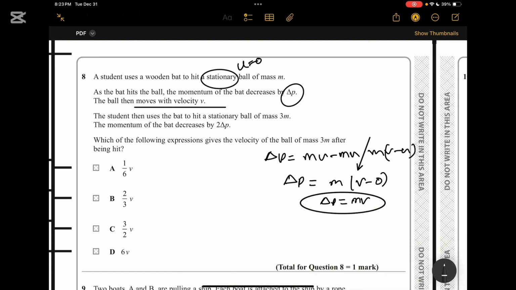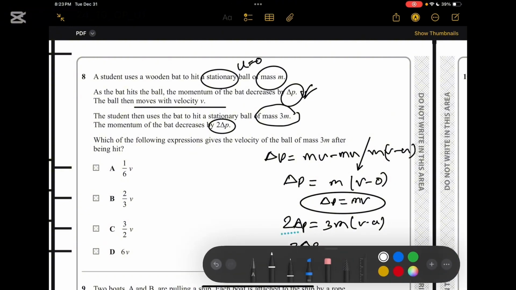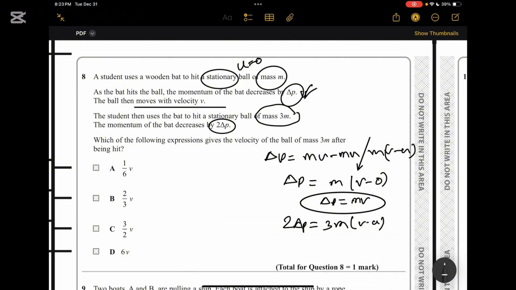Okay, the student then uses the bat to hit a stationary ball of mass 3m. So this has a greater mass than the previous mass. The momentum of the bat decreases by 2 del p. It decreases double the amount it decreased in this part, which was only del p. So let's write it down right here. 2 del p is equal to, the mass is 3m, (v minus u). So 2 del p, or you can write it down as 2mv because del p means mv.